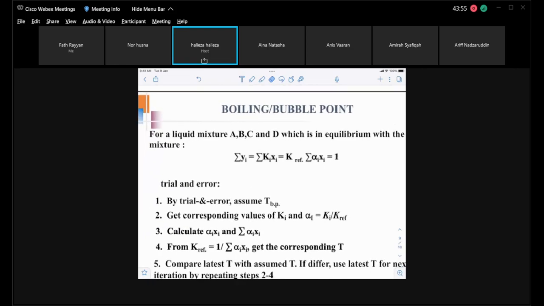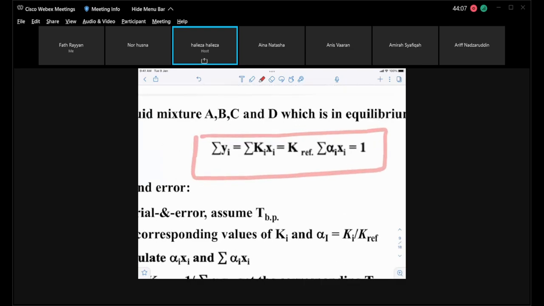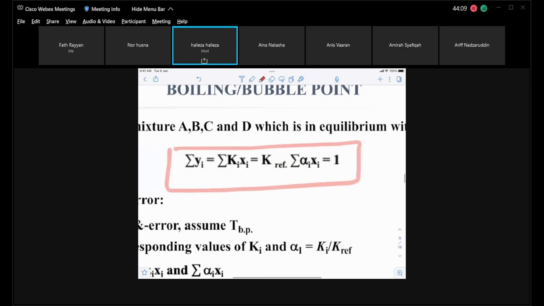In order to get the correct temperature for your bubble point or your boiling point, you must satisfy this equation. Your summation of Y, because you have a multi-component system, so that's why there's a summation. There's A, B, C, D, for example. The summation of your mole fraction Y should equal 1, because that is mole fraction, and the total of it should be 1.